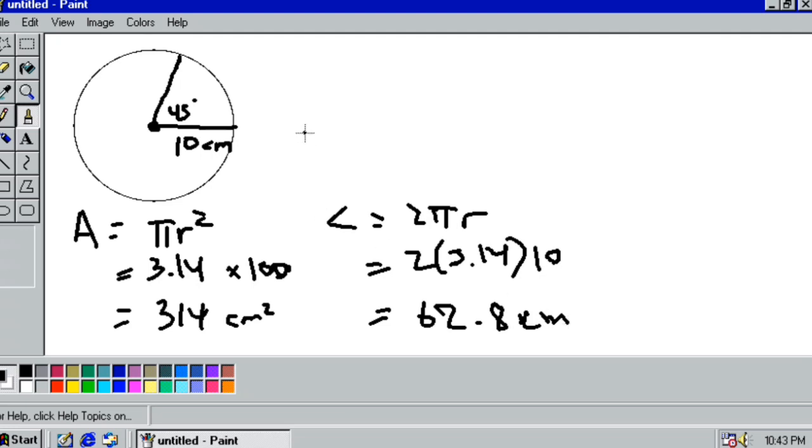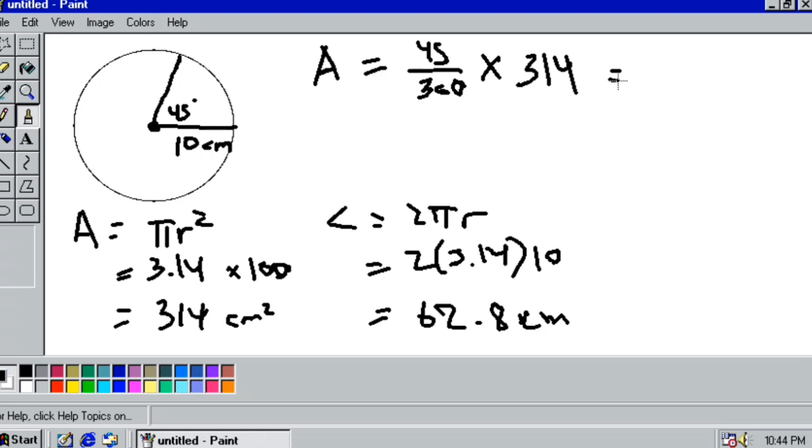Alright, now we can find the area and circumference of this sector. Since we have a 45-degree angle, we're going to have 45 over 360 times the full area of the circle, which is 314.